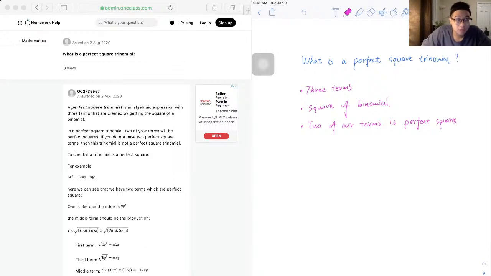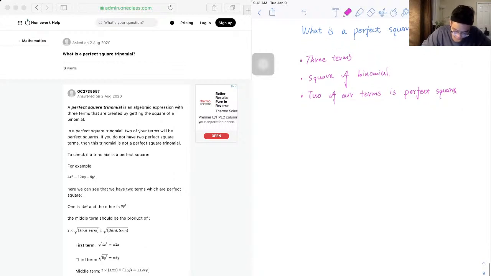If we do not have two perfect square terms, then this trinomial is not a perfect square trinomial. Let's use an example to explain a little bit more. Let's say we got 4x squared minus 12xy plus 9y squared.